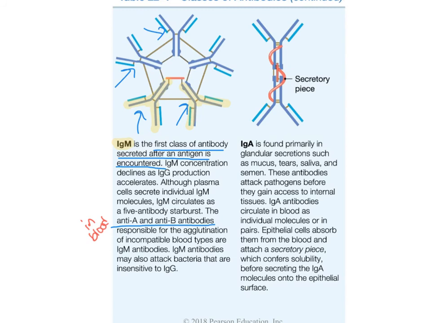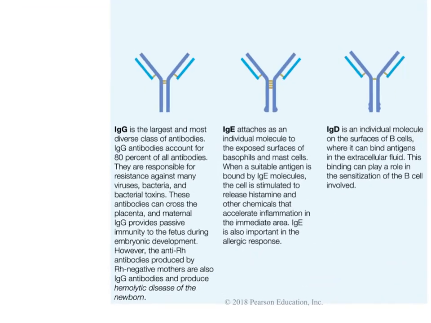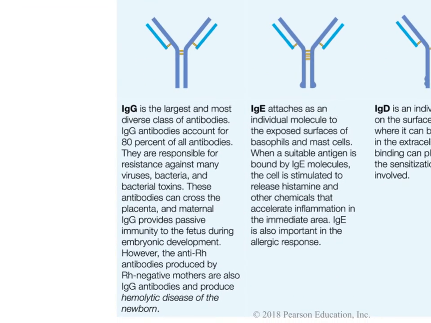Okay, those are examples. Then we have IgA. IgA is found in glandular secretions. So you find those in mucus, in tears, saliva, semen. IgG. IgG is the largest and most diverse of the antibodies, and it accounts for about 80% of the antibodies.